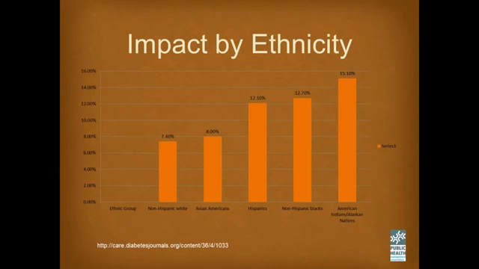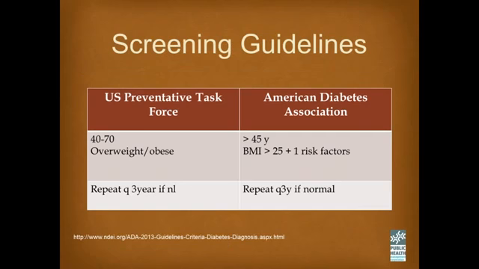I mention that because it is significant that we screen these folks appropriately so people know what their risks are, and they certainly know if they have diabetes. Given what we know of diabetes and the burden of the disease physically, economically, and socially, it's incumbent upon us as healthcare providers that we do screen appropriately and we don't miss opportunities to screen.